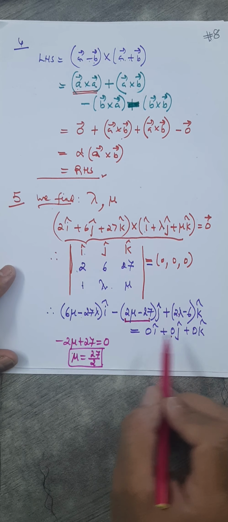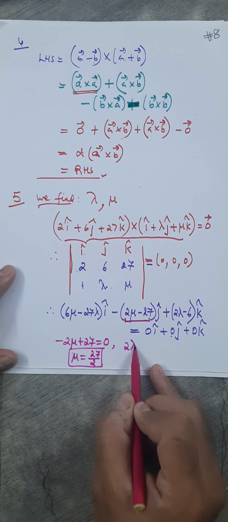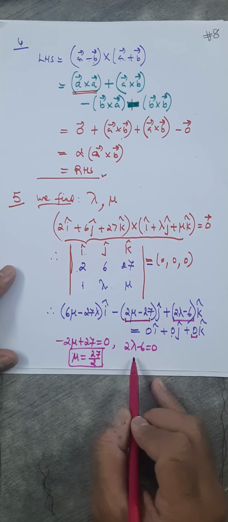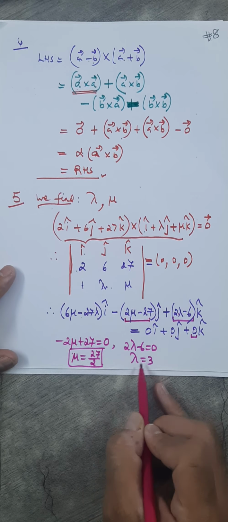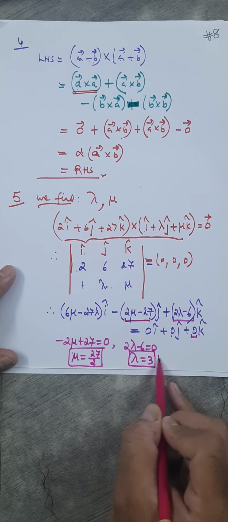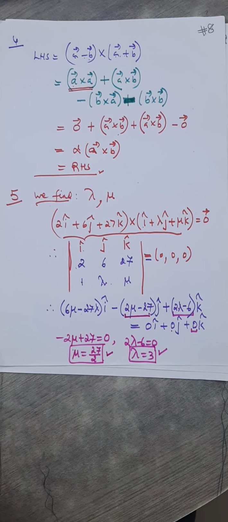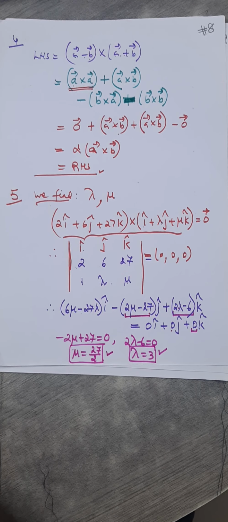And you compare the last component with the last component: 2 lambda minus 6 equals 0. So lambda equals 3. So lambda is 3 and mu is 27 by 2. Okay.